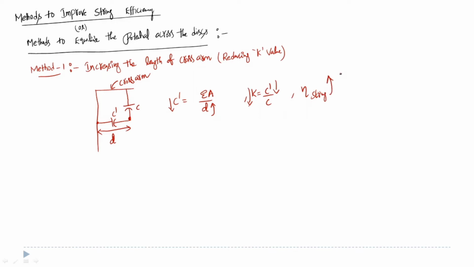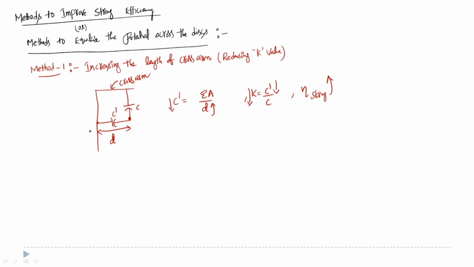In this way, we can make the voltages nearly equal. It is not possible to get exactly equal, but by increasing the distance between the metallic link and metallic support, we can at least bring the voltage across each and every disk to be almost the same, so that the string efficiency will be nearer to 100%.